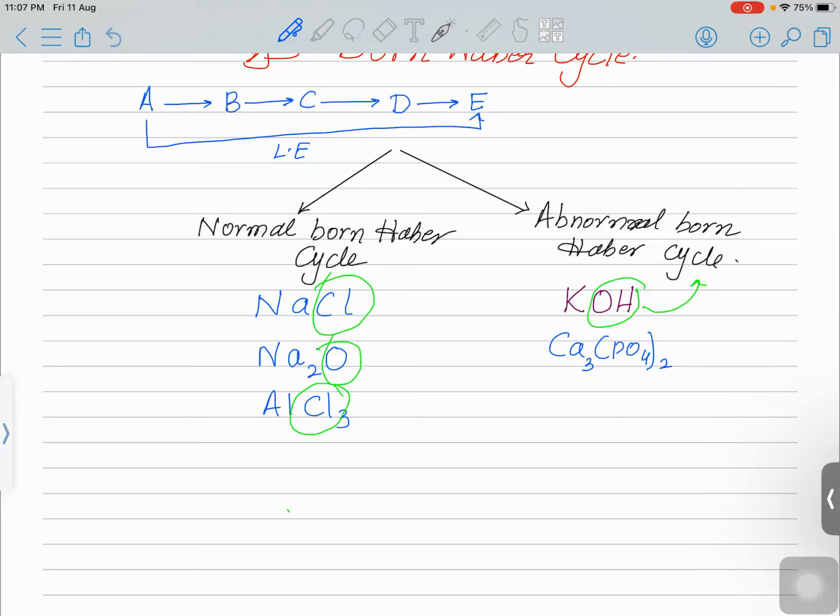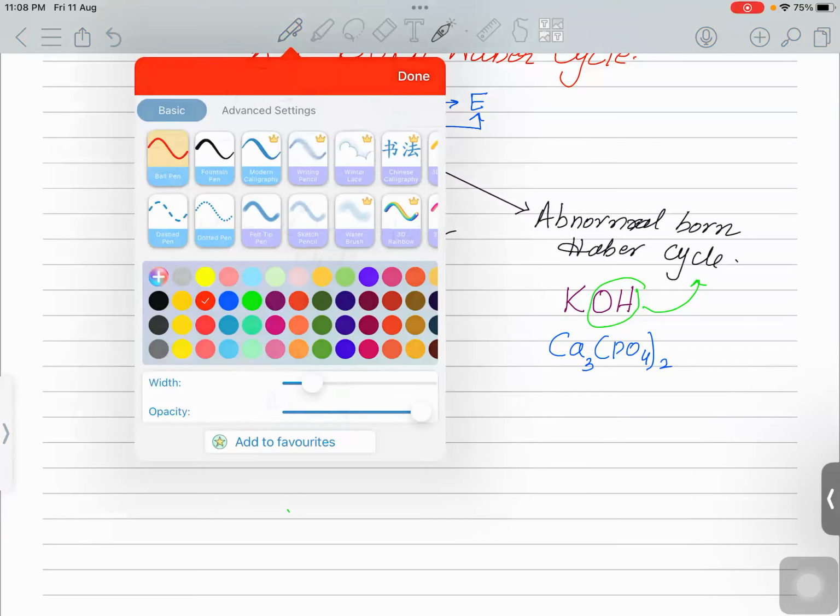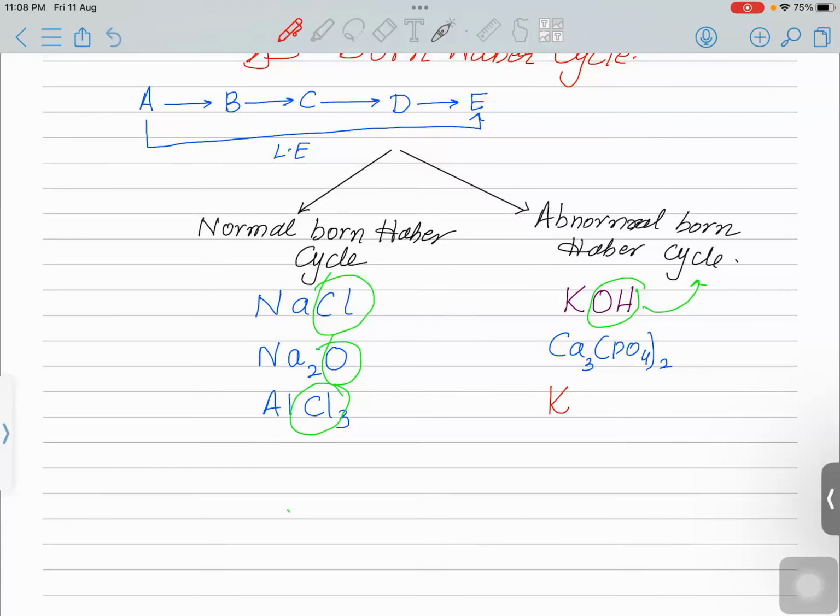This is again the abnormal Born-Haber cycle because the anion has more than one element. Now K2CO3: normal or abnormal? Abnormal, because two elements are in the anion.